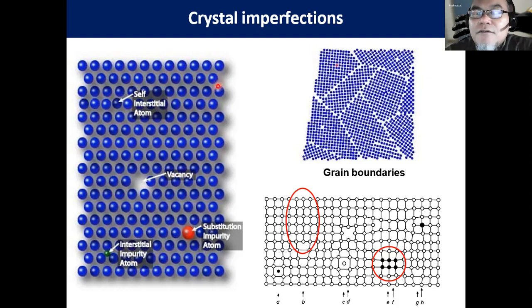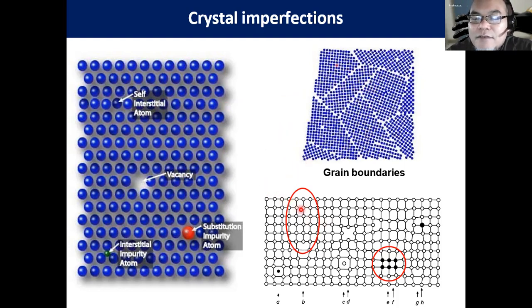We also have line imperfection, when the imperfection forms as a line, like the grain boundaries. This one is a single crystal structure, the other one is a single crystal structure having different orientation, and the boundary between them is not filled with anything.